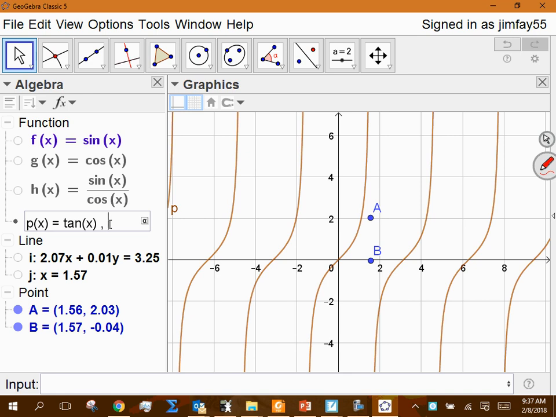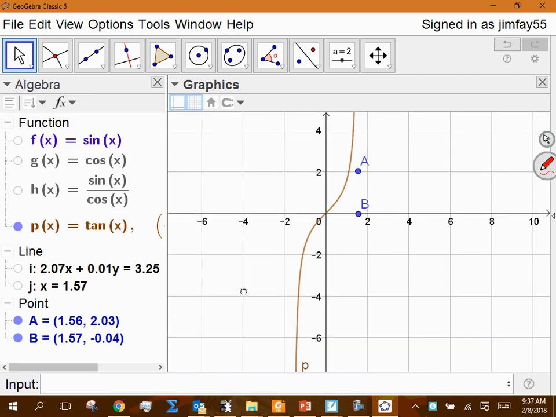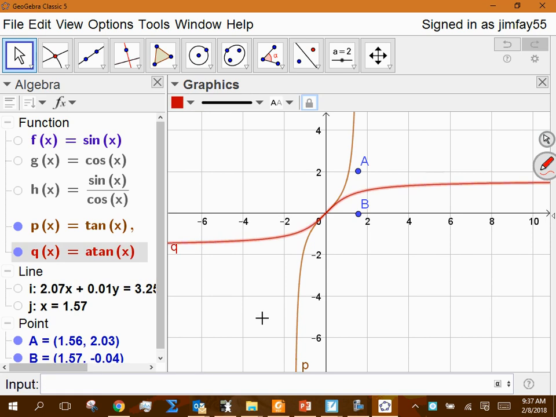And you have an asymptote at negative pi over 2 and one at positive pi over 2. And it gives me that thing. Okay, and when I reflect that thing over the line y equals x, it gives me that thing. Okay, so that is my inverse tangent function.